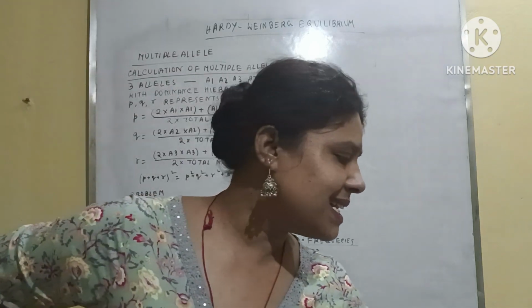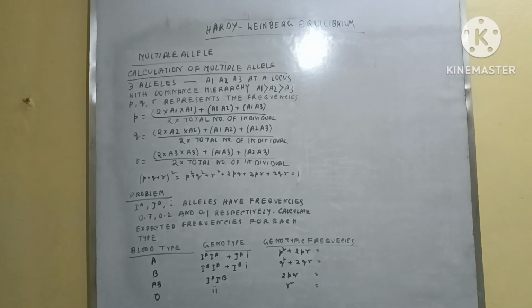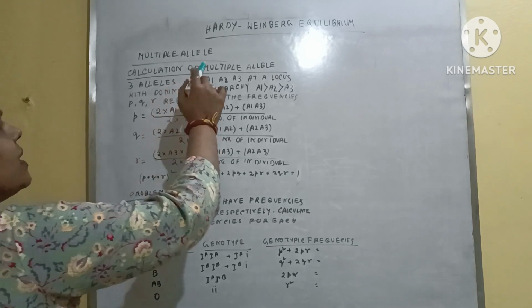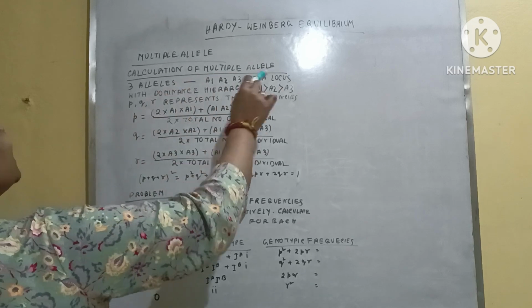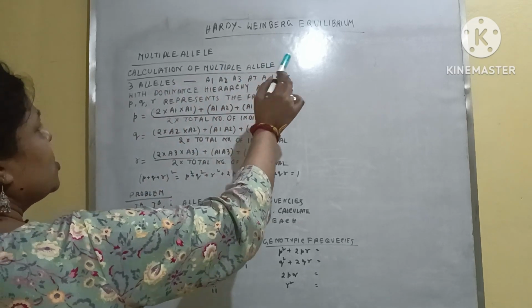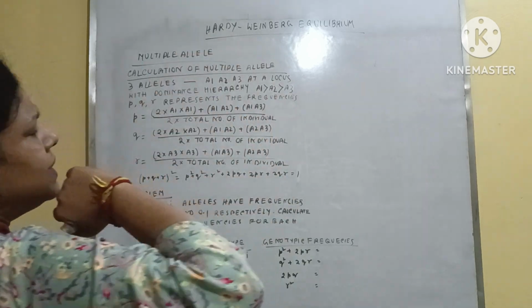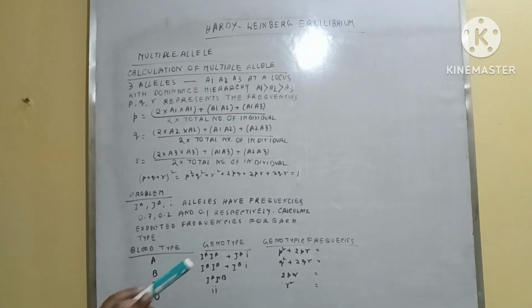So let's continue. Here three alleles have been taken, A1, A2, A3, and they remain at a locus in dominance hierarchy, like A1 is greater than A2, and the last one is A3. So A3 is the smallest and A1 is the greatest.